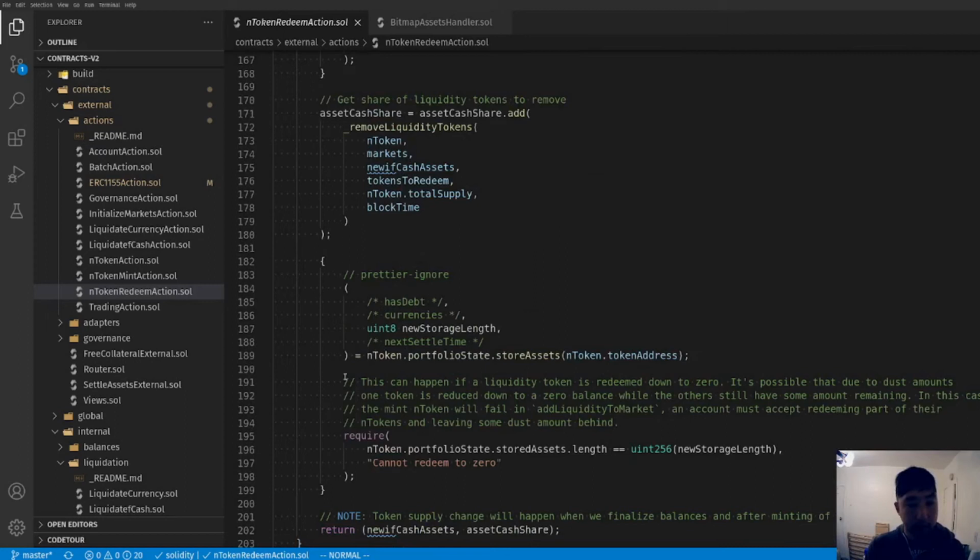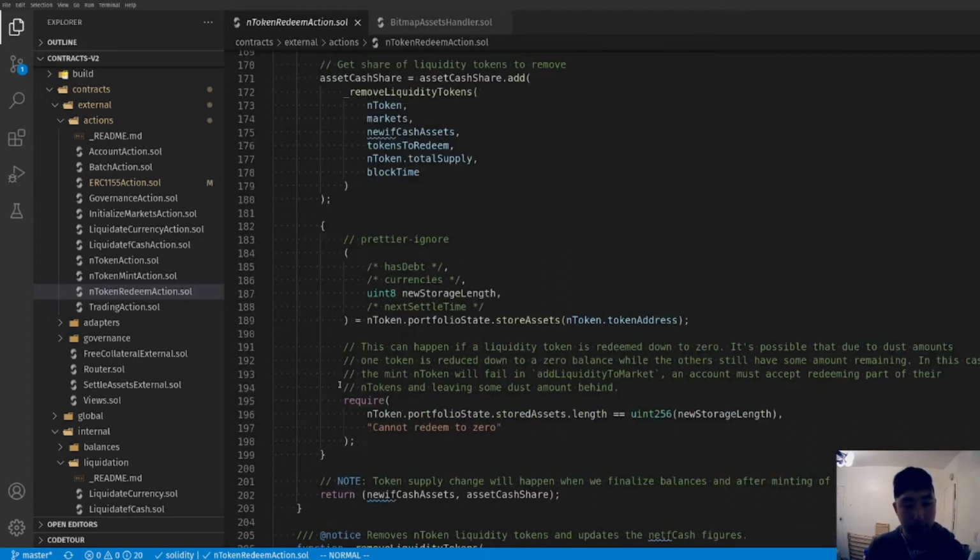The last thing here, another edge case that can potentially happen, is that redeeming these nTokens somehow reduces the number of liquidity tokens in the nToken portfolio. So this would happen if one particular liquidity token was reduced down to essentially 0. And in this case, we will fail as well.